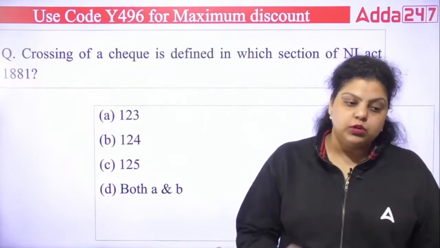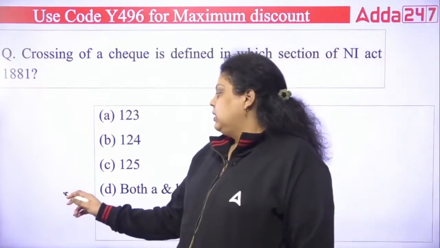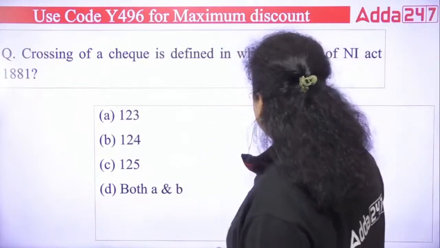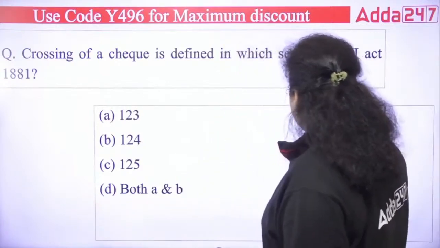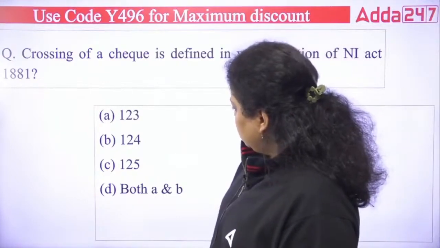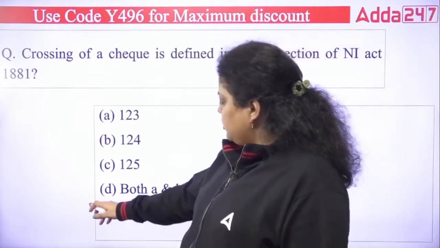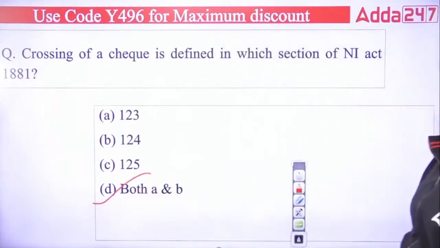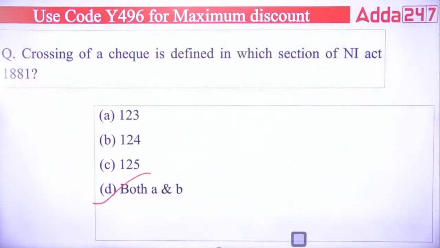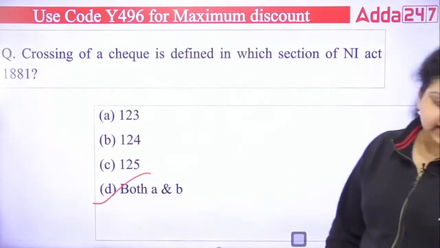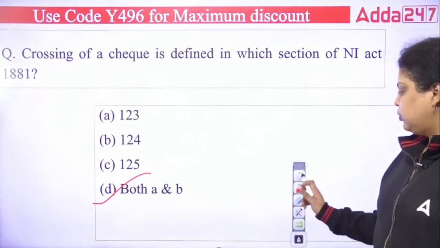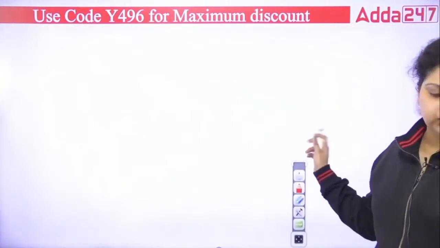So there are 3 types of crossing, and it is defined under 123 and 124 both. So the right answer will be your D. Okay, A and B. So right answer will be your D option. Okay, right answer we have is D option, that is both A and B, 123, 124.